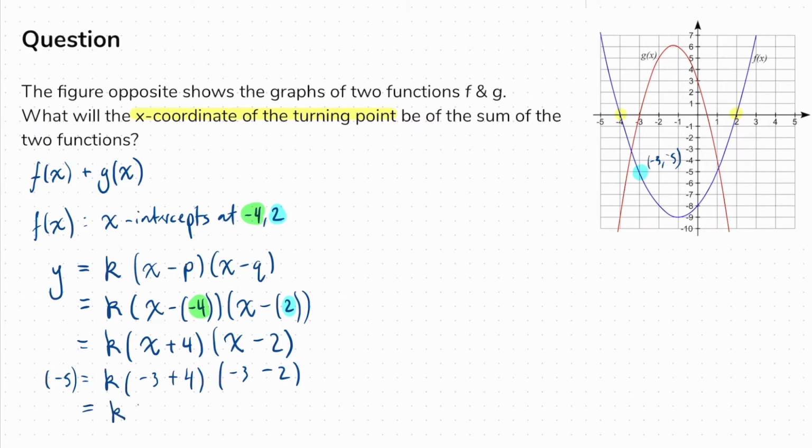So k, well, that's -3 plus 4 is 1. -3 minus 2, well, that's -5. And then we get -5 equal to -5k. So k is going to be equal to 1. So let's just shrink this down a little bit so we can see it.